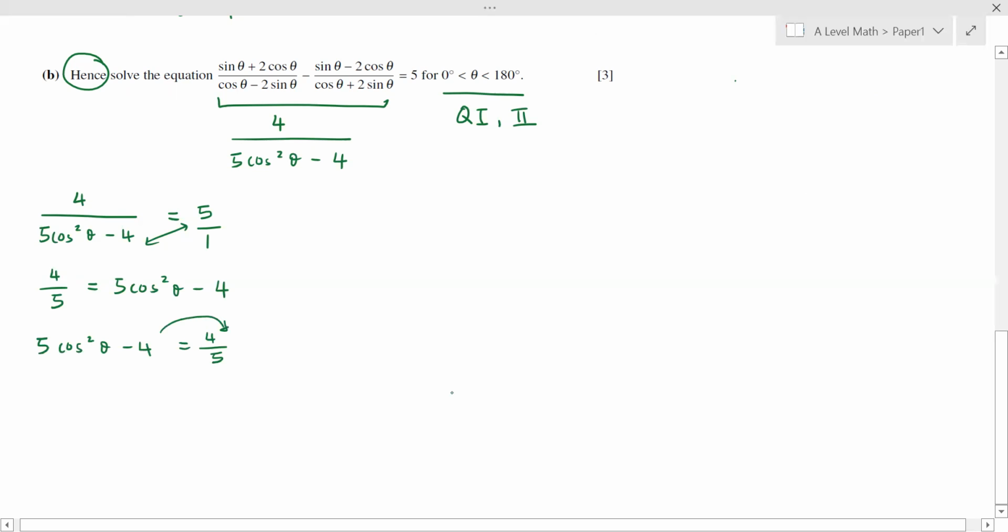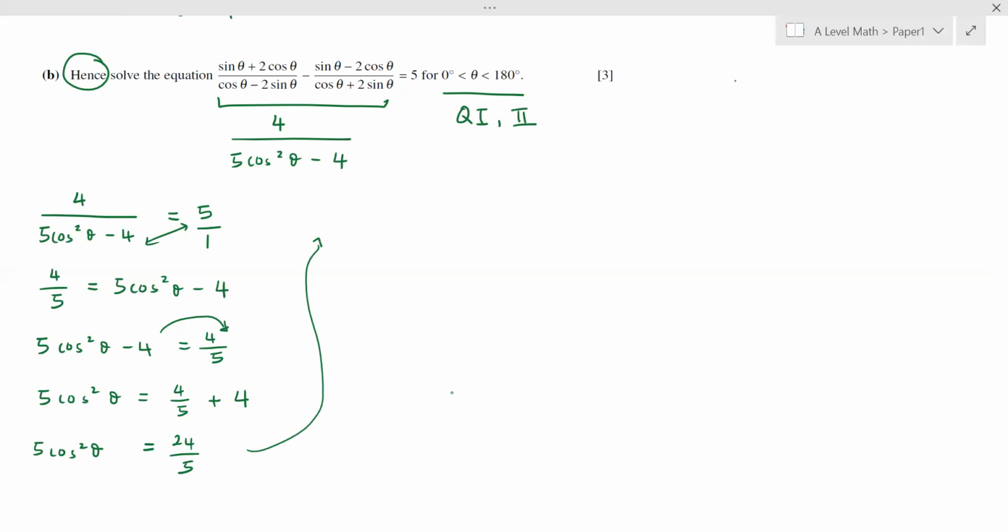Bring the 4 over, and we have 5 cos squared theta equals 4 over 5 plus 4, and that is 24 over 5. Dividing throughout by 5, we have cos squared theta equals 24 over 25. Taking square root, cos theta is plus minus square root of 24 over 25.